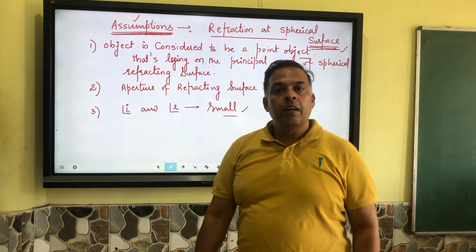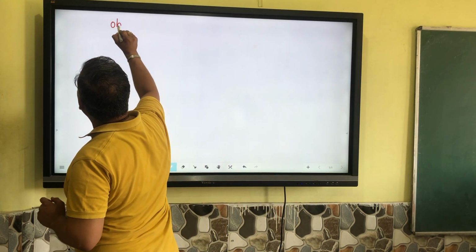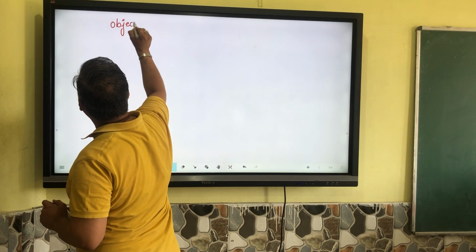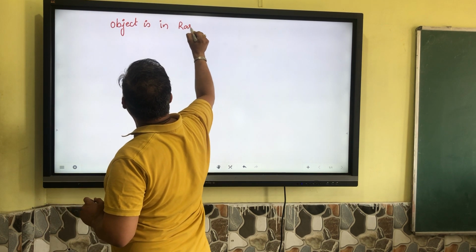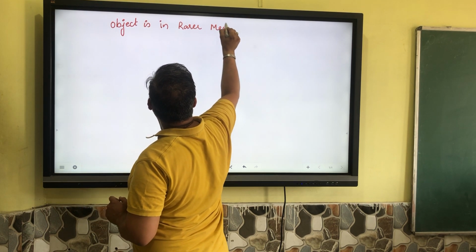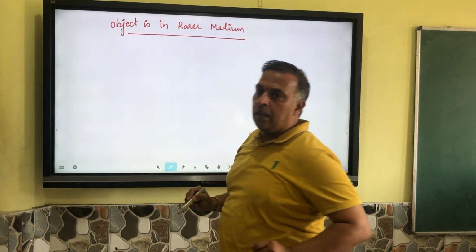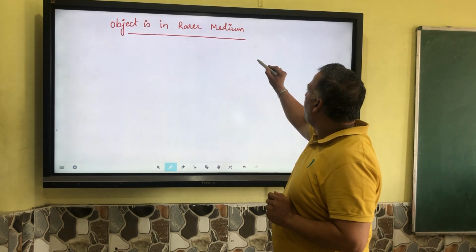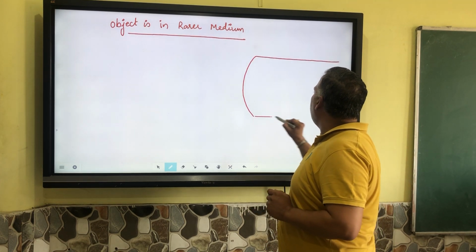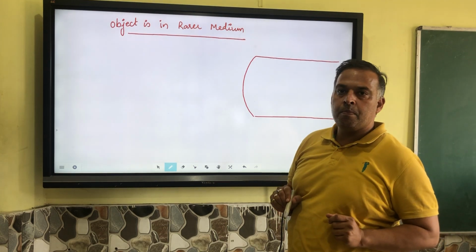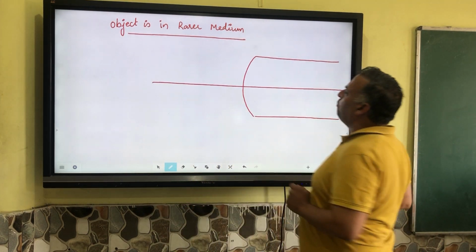Now I will consider the object in a rarer medium. And this is a convex refracting surface. This is the principal axis that's passing through it.